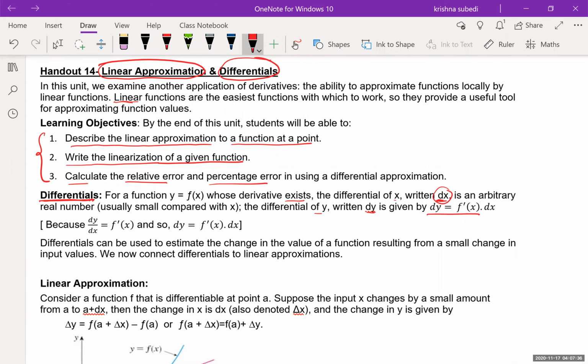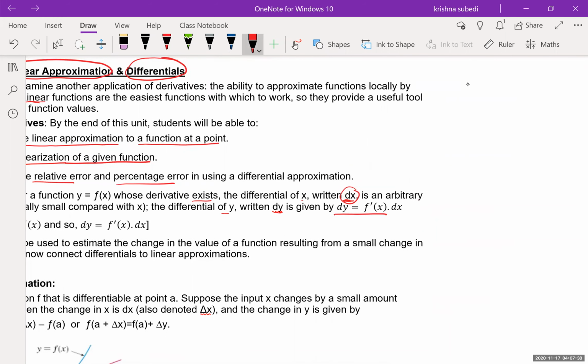Basically, if we have a function y equals f of x, then can I write dy over dx equals f prime of x? Can I write that? Everybody knows that I can write this, right?